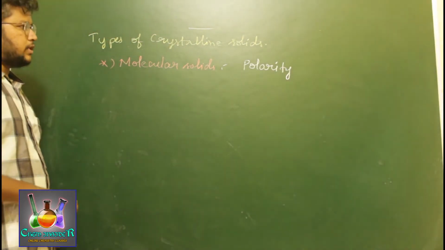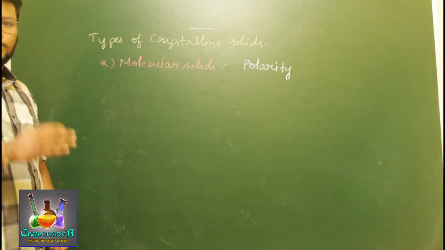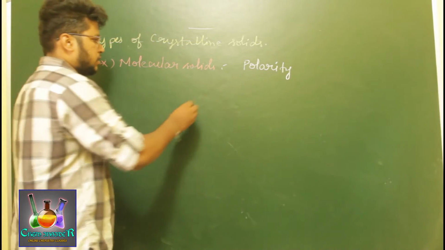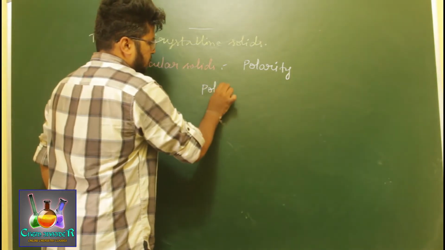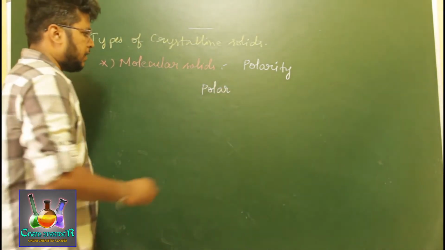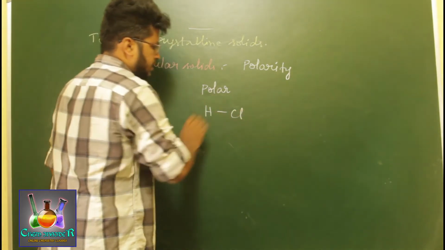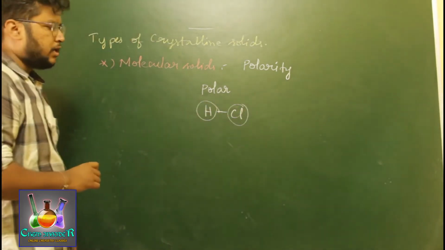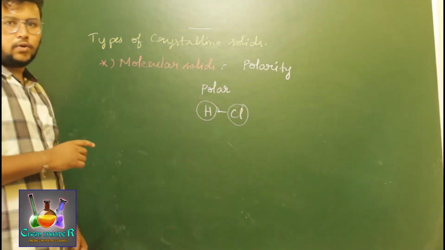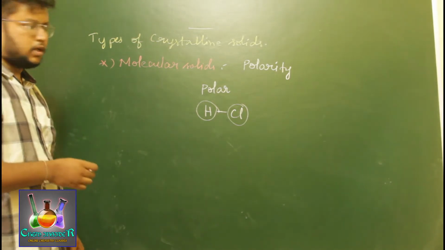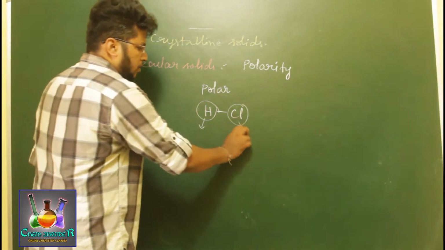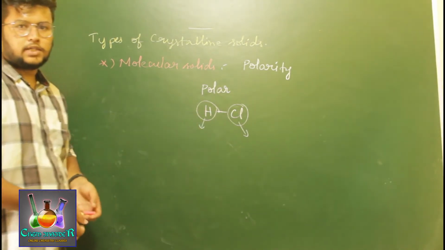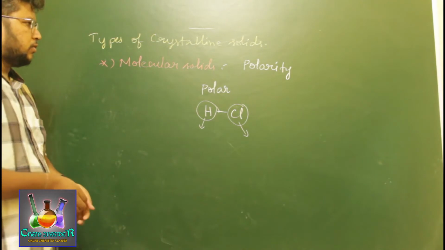Polarity of a molecule is defined as follows: if a molecule has a particular dipole moment, then that molecule is called a polar molecule. For example, HCl. This molecule has a dipole moment because of the different electronegative nature of hydrogen and chlorine. Hydrogen is electropositive, whereas chlorine is electronegative. Hence the HCl molecule is a polar molecule.